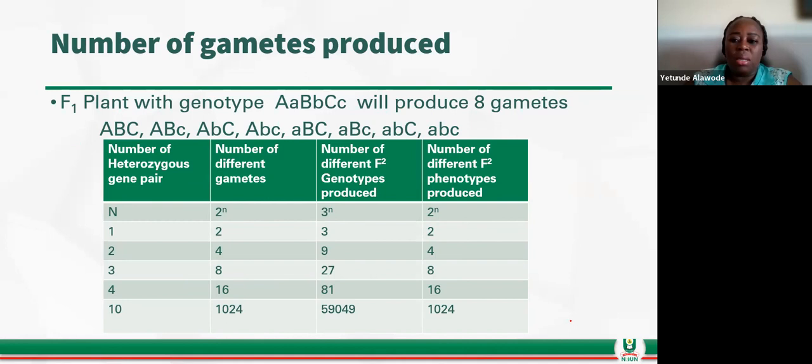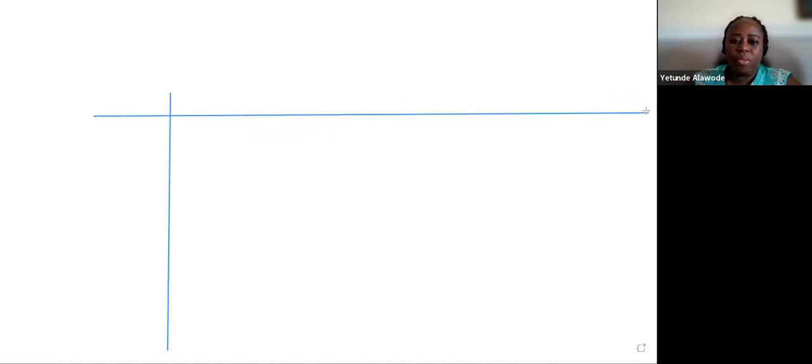your, let me show you on the whiteboard, your Punnett square now. You are going to draw a square like this. You can see my board.